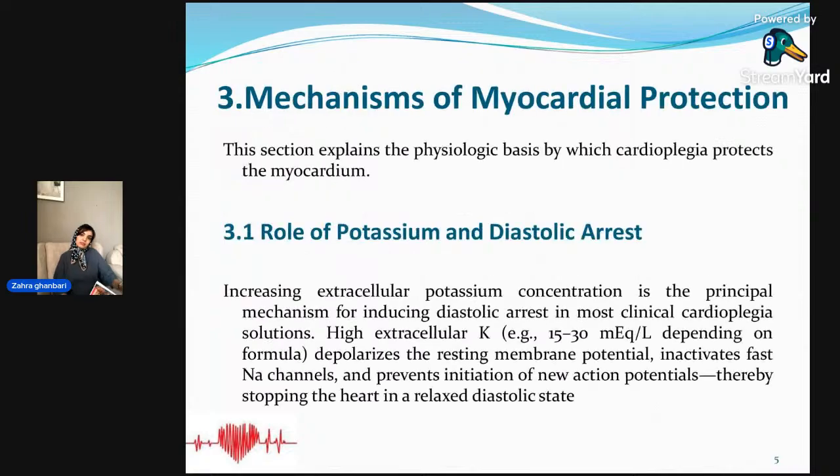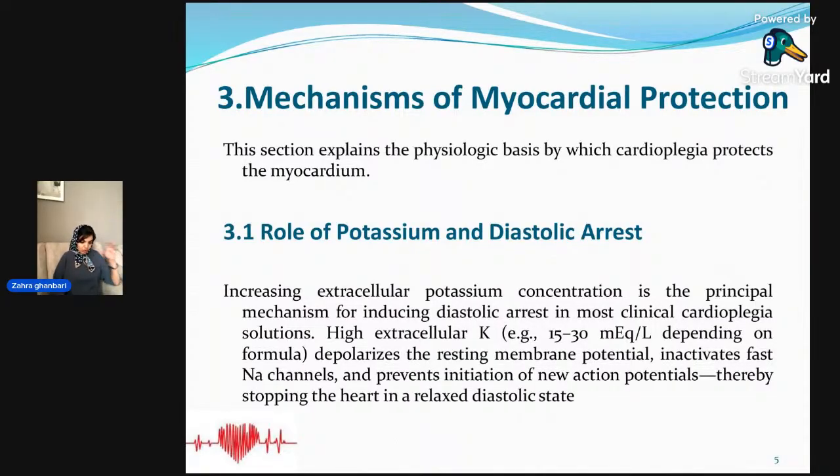Another slide, please. Okay. In this slide, we want to talk about the mechanism of cardioplegia. First, we talk about the role of potassium. Classical cardioplegia solution contains a high concentration of potassium.